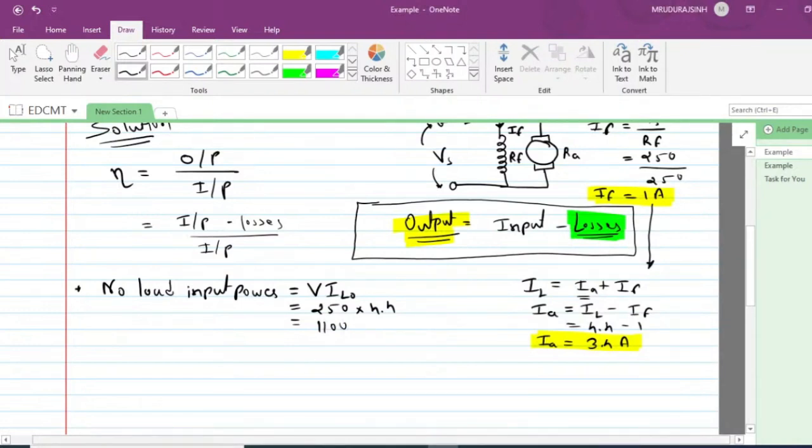1100. So this is the no load loss. Now if we subtract the copper loss, Cu loss, and Cu loss is Ia0 square into Ra. Ia0 is 3.4, so square of 3.4 multiplied by Ra.